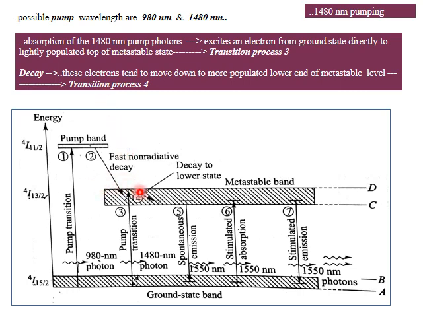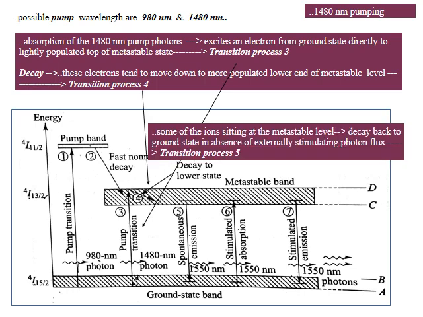The D layer is lightly populated compared to the C layer. Then these electrons tend to move down to the more populated C layer. That is called transition process 4. Only two processes are there. One is the pump transition from the ground state to the less densely populated D layer of the metastable band, where radiation is liberated. Second, from the D to C layer, from the less to the more populated region, these electrons will be coming there. So that is transition process 4.